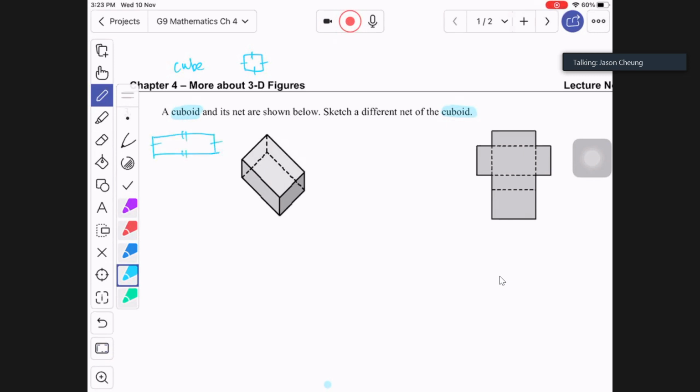So here a cube has a square base, right? But here a cuboid actually has a rectangle base. This rectangle. All right. Okay. So this is a cuboid, very good.